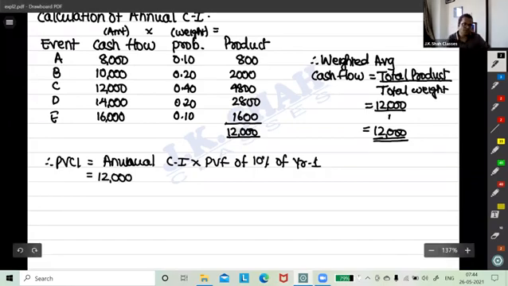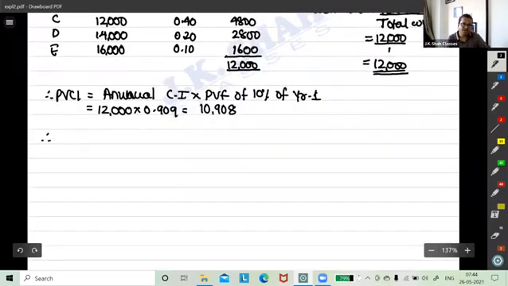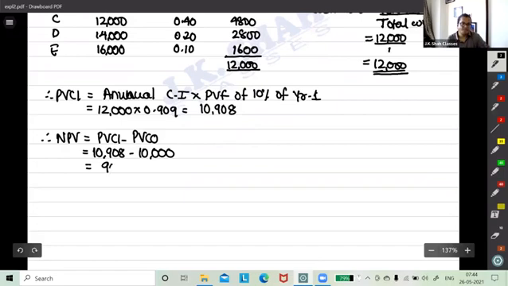So 12,000 into 0.909, 10,908, right? So now we can write NPV is PVCI minus PVCO. 10,908 minus 10,000, correct? 908.